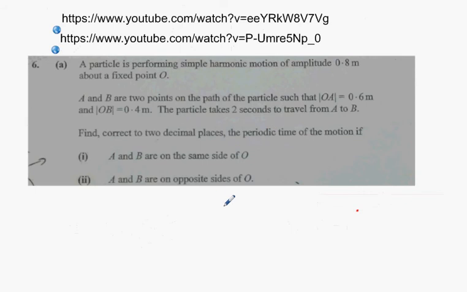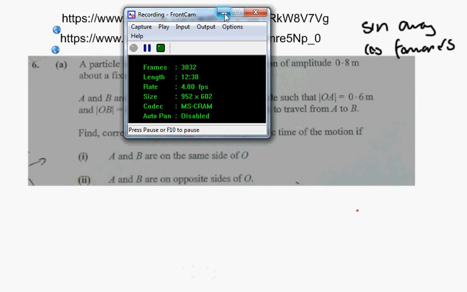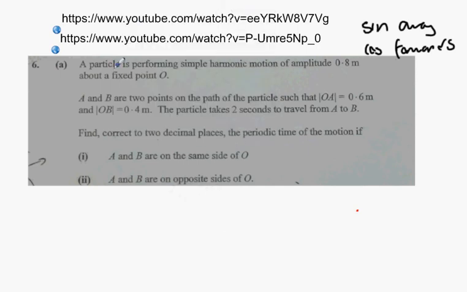That leads us to our question. Sine is away, cos is towards. With this in mind, we're going to read this question. A particle is performing simple harmonic motion of amplitude 0.8 about a fixed point O. A and B are 2 points on the path such that OA is 0.6 meters.